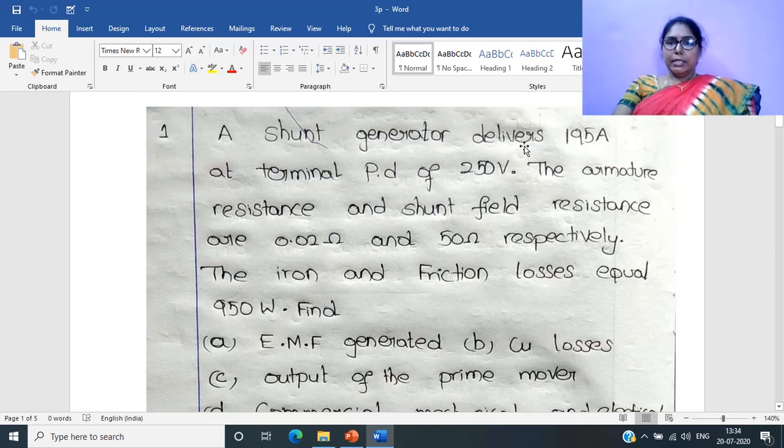A shunt generator delivers 195 amperes at a terminal potential difference of 250 volts. The armature resistance and shunt field resistance are 0.02 ohms and 50 ohms respectively. The iron and friction loss is equal to 950 watts.